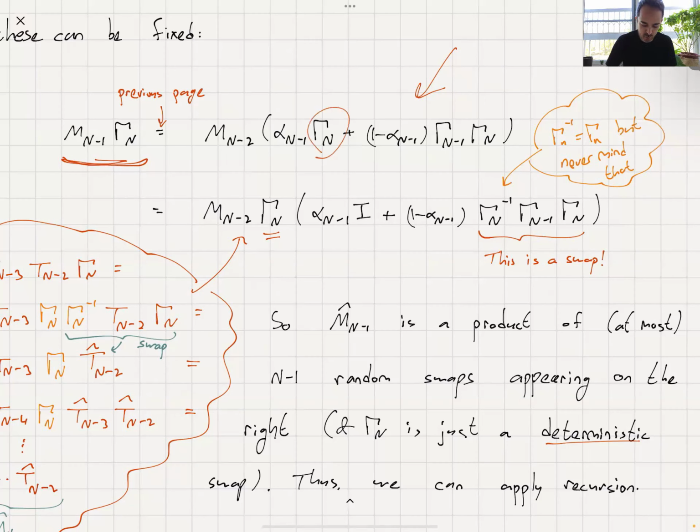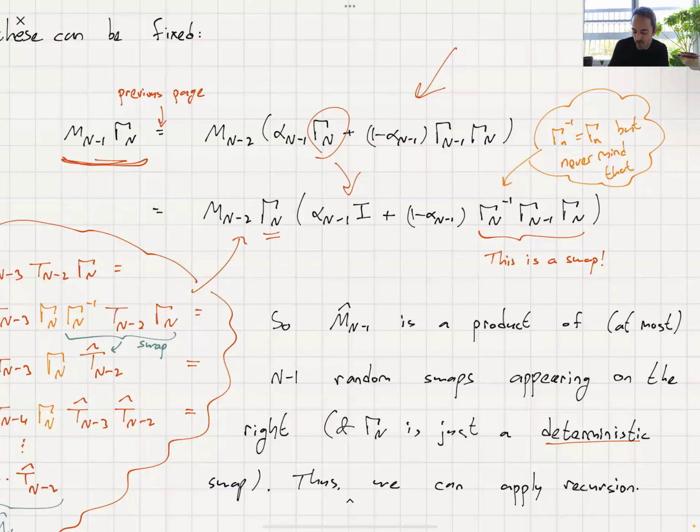So gamma n is going to be an I here, which is good. You want an I, and then here you pull the gamma n, so you have to put the gamma n inverse, which by the way is gamma n because it's an involution, but let's just remind ourselves it's the inverse of gamma n. So you get this expression.